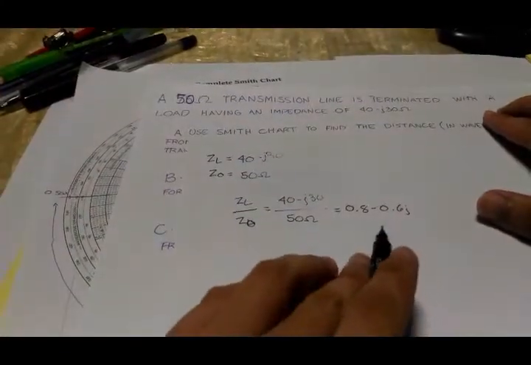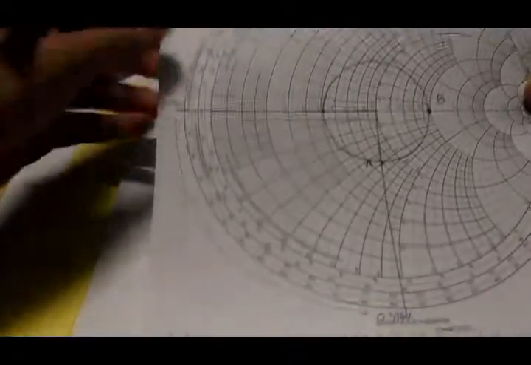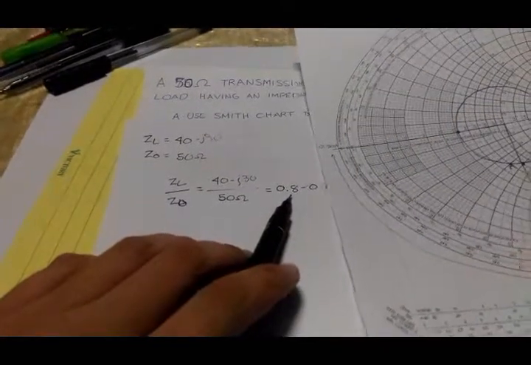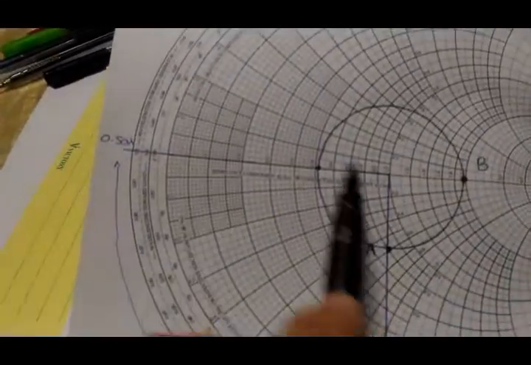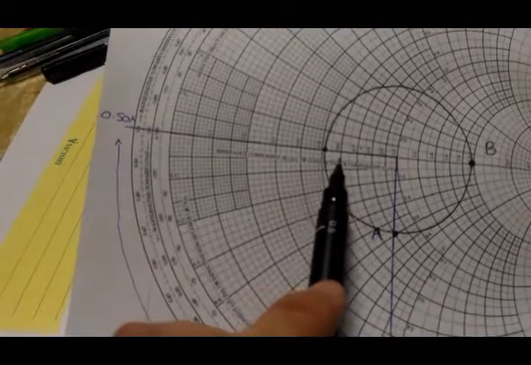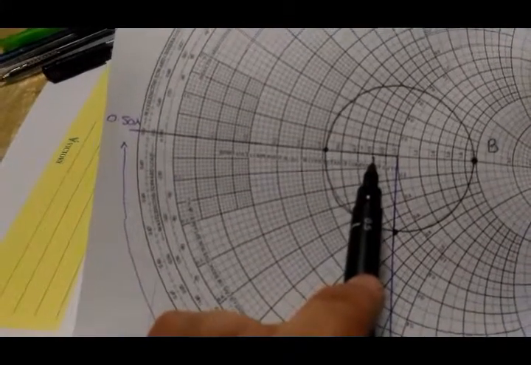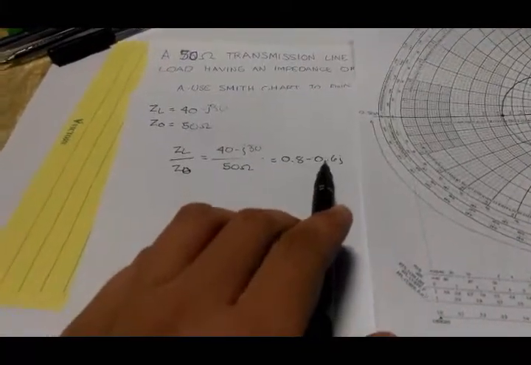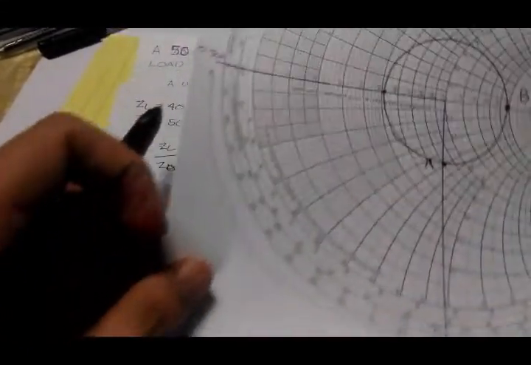Since we have a normalized value, we're going to plot it on the Smith chart, where the 0.8 is your real value. As you can see, here is the 0.8 mark, and negative 0.6 for the imaginary value.